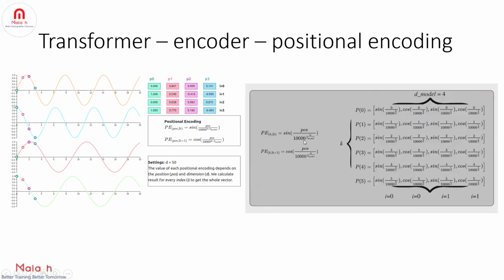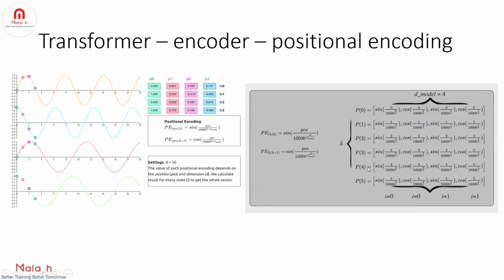Let's assume position 0, position 1, position 2 and position 3, and the i values 0, 1, 2, 3. For the first position, you replace the position with 0, and the value of i is 0. This is one sine cosine pair. You calculate sine cosine at the 0th index, and the next one is sine cosine at the first index, so the index value will change. That is how we calculate positional encoding.